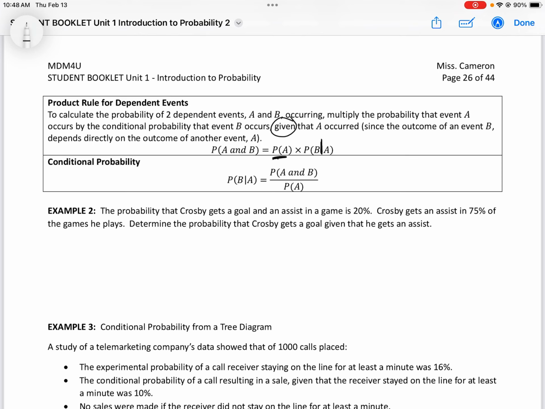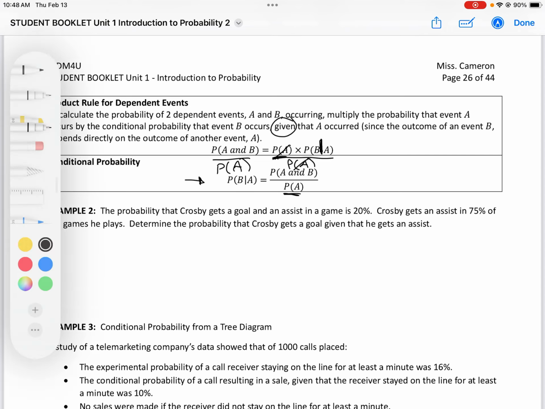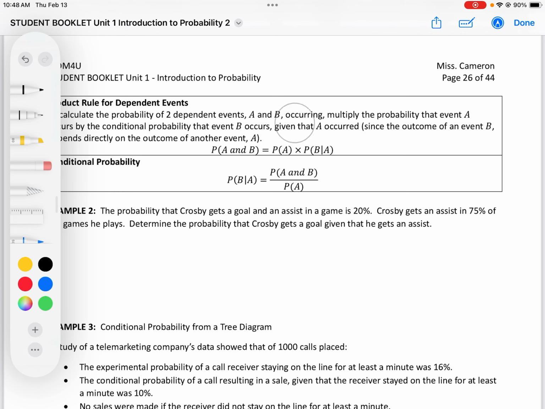Since event B depends directly on another event A occurring, A would have had to occur. So this conditional probability equation is just the first one rearranged. If we divided both sides by P of A, that goes away, and then all we did was rearrange. So that's the same equation. Okay, let's get rid of that.